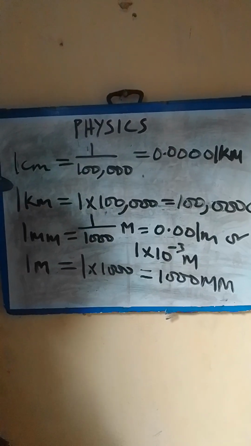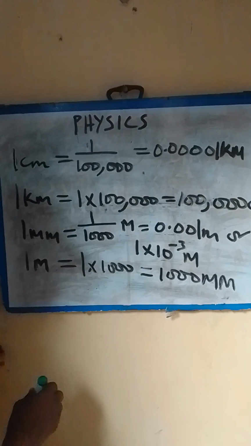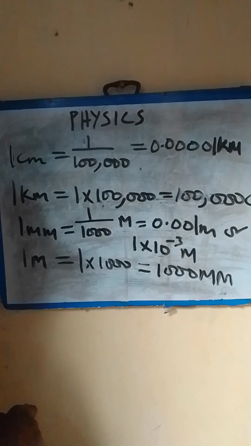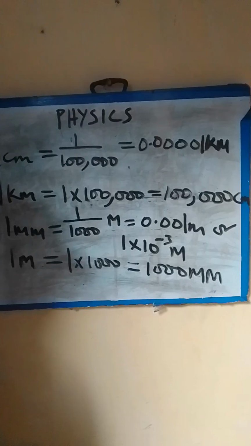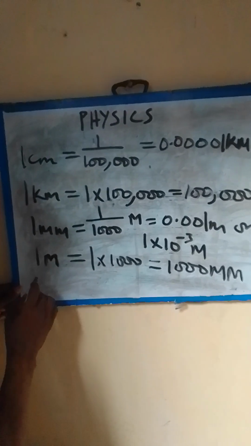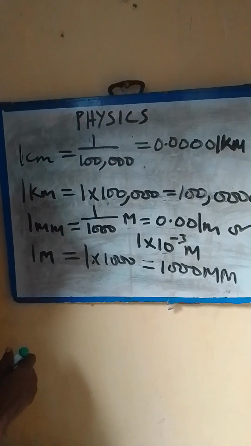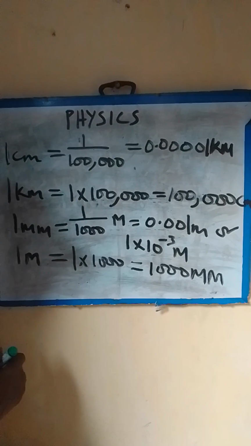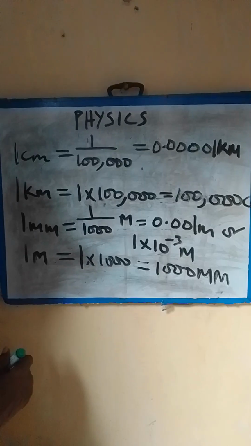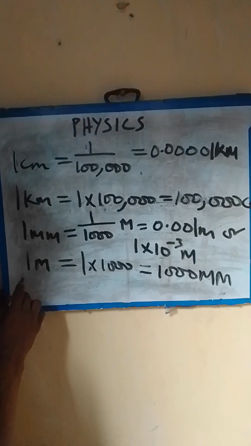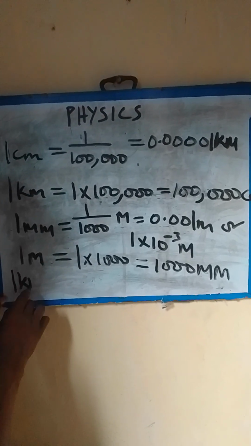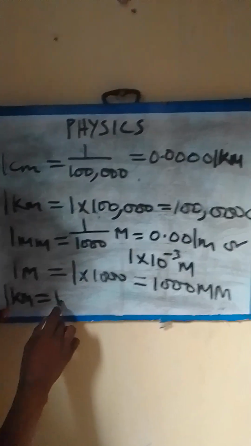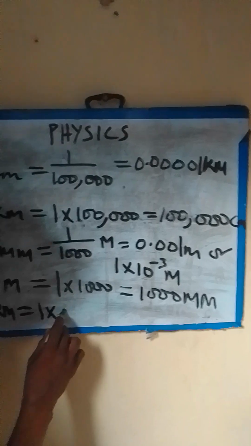So to convert kilometers to millimeters, you multiply by 1 million. For example, if you have a value of 1 kilometer and you are asked to convert it to millimeters, you multiply the value in kilometers by 1 million.